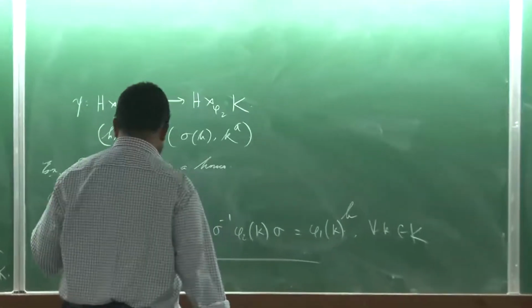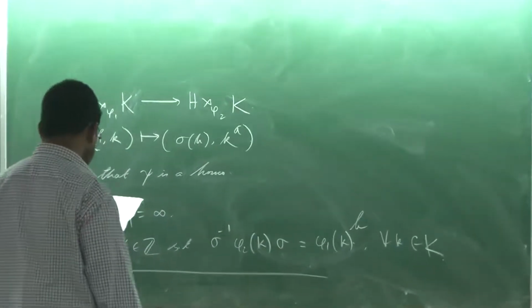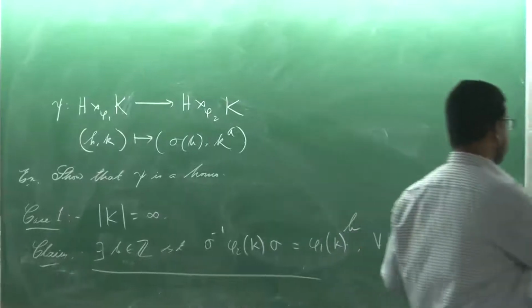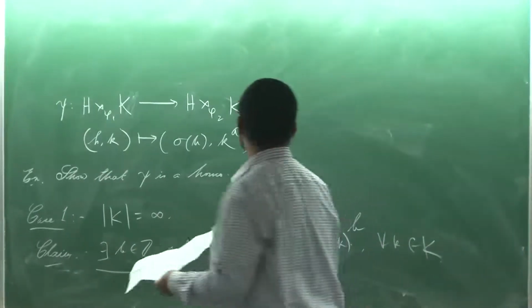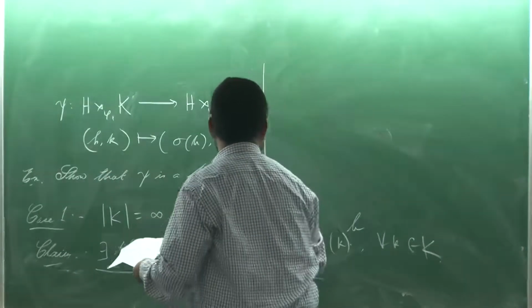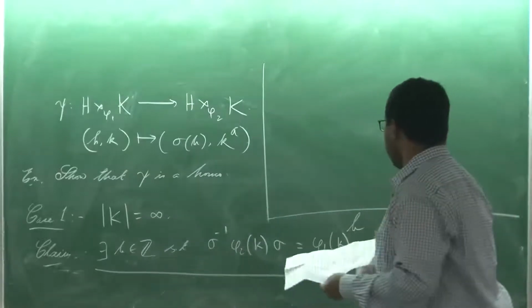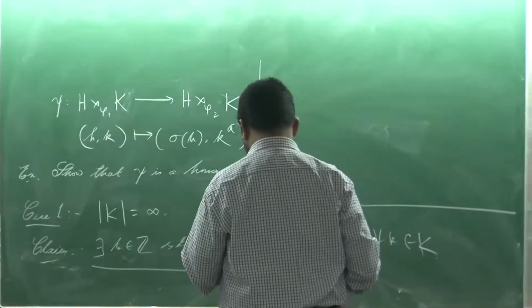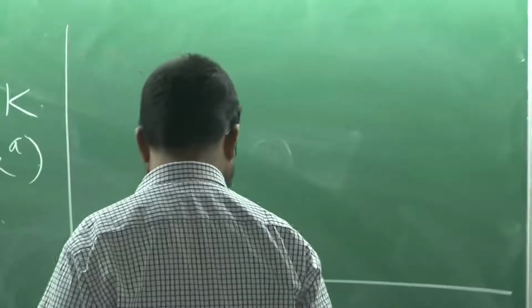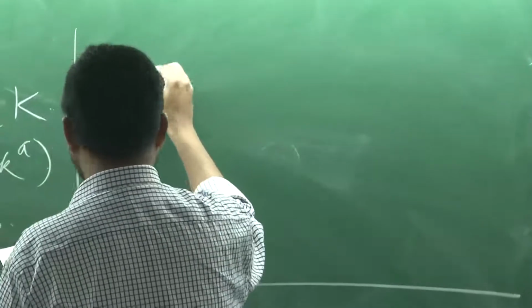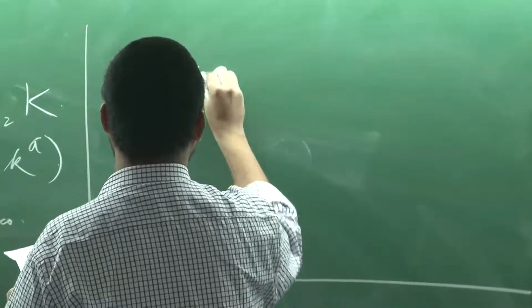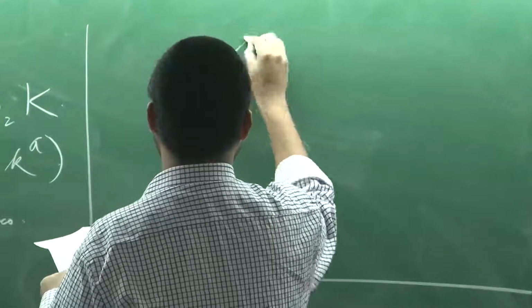Okay. Now from this it is easy to see that, so phi 2 k to the power ab.